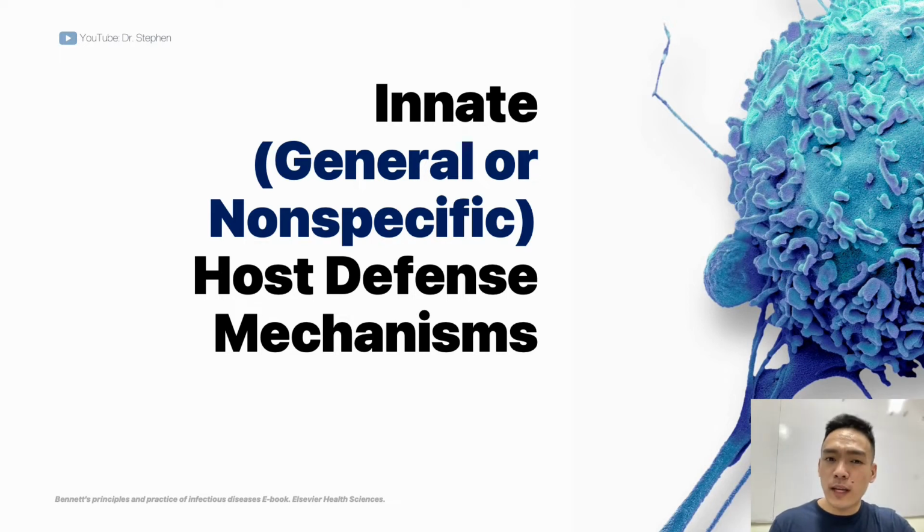And even when unable to prevent or clear infections, innate mechanisms play essential roles in limiting replication and even directing the microbe-specific, long-lasting immune memory of your adaptive immune system, which we'll be talking about in the next video.